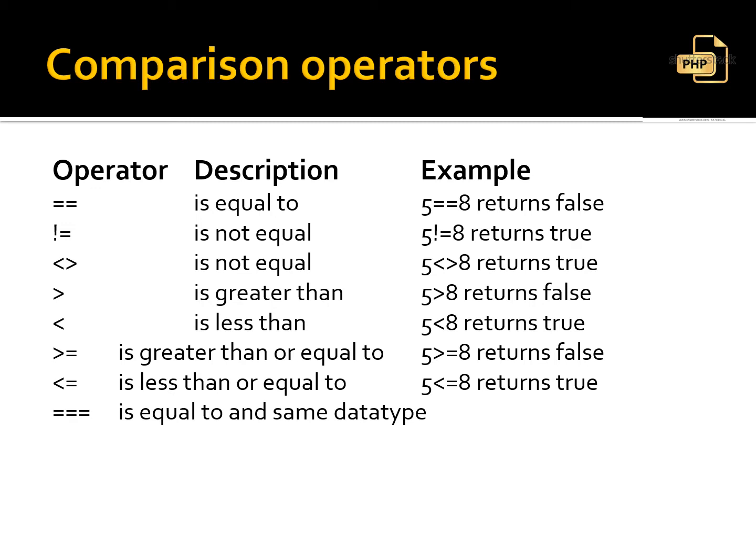Only if both the values as well as the data types of these two variables are the same will it produce a true value. In case of equal to, it will compare only the value on the left hand side and right hand side. There is a difference between equal to and triple equal to.